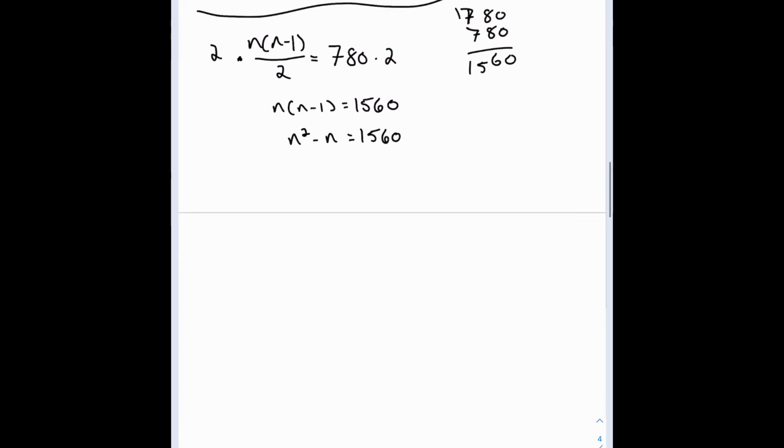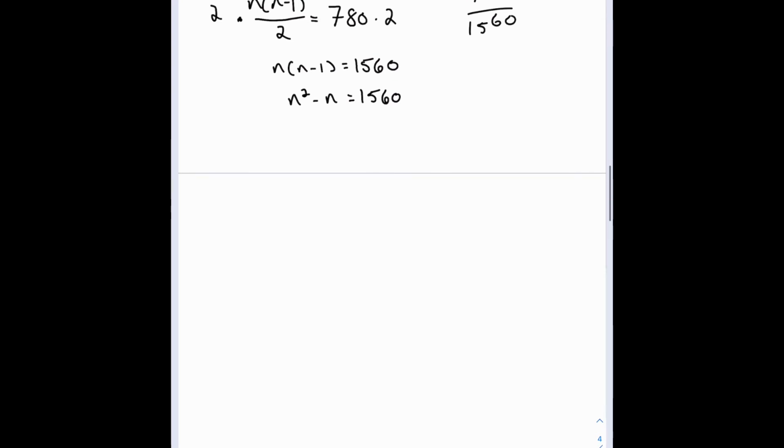Now to solve for this, I'm going to use completing the square. If we remember back to completing the square, we can rewrite this as n squared minus 2 times a half times n. Then what we want to add to the equation is half of b, squared.